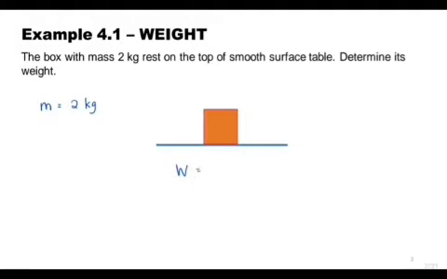Weight equal to mass times gravitational acceleration. We substitute mass 2 kg and gravitational acceleration 9.81. Therefore, we will get weight of the box equal to 19.62 Newton.